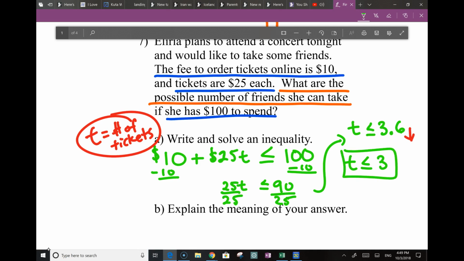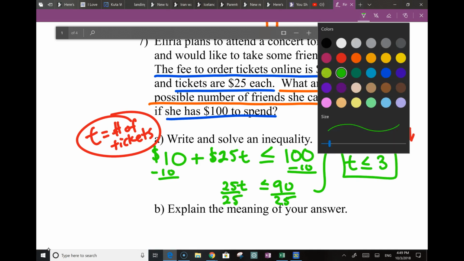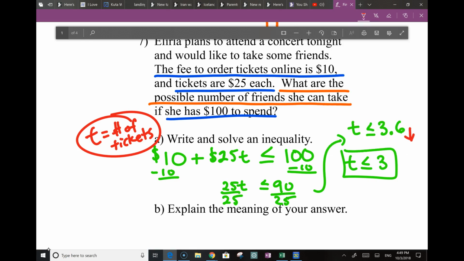Now, to make sense of this answer, we have to go back to what t represents. T represents a number of tickets. So this means that Lydia can invite, and since part B is explain the meaning of your answer, we're talking about how many friends she could invite.